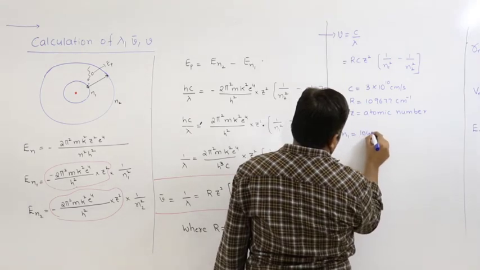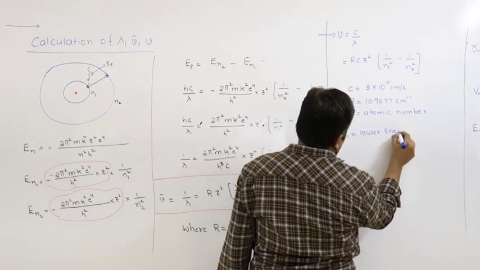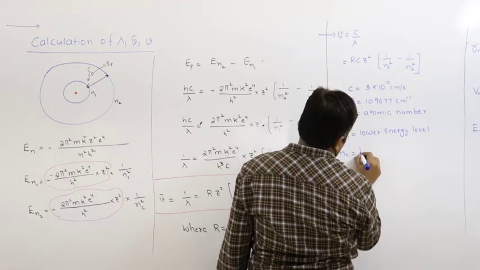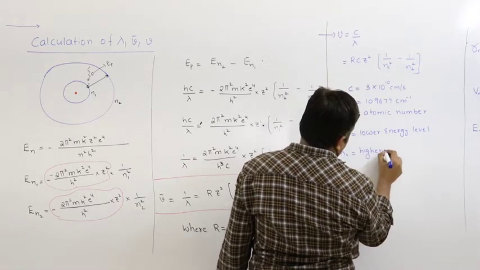N1 is the lower energy level, N2 the higher energy level.